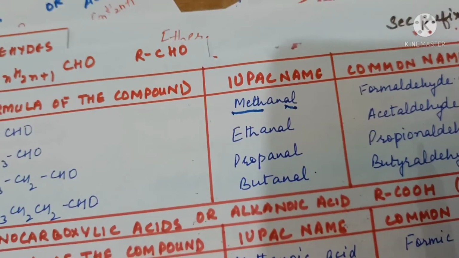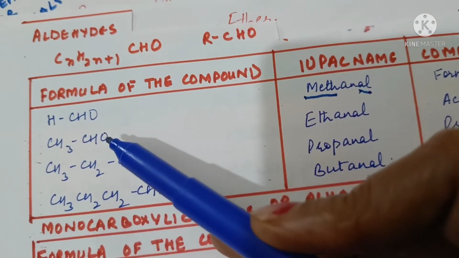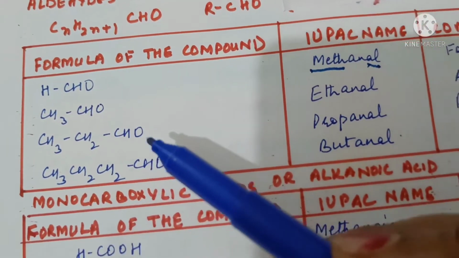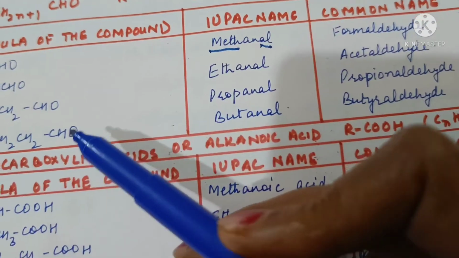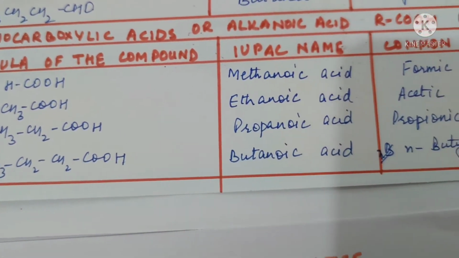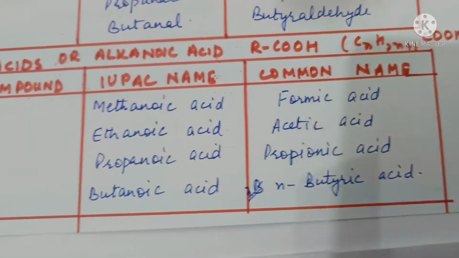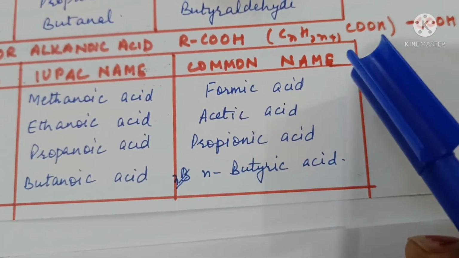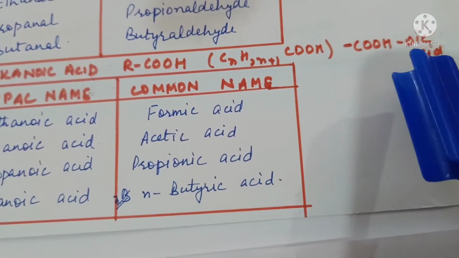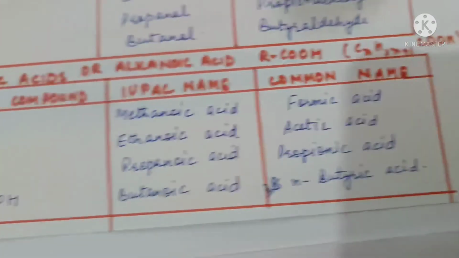Common system, for 1 carbon atom compound, it is called formaldehyde. This one is called acetaldehyde, propionaldehyde, and butyraldehyde. Monocarboxylic acids or alkanoic acids, the general formula is RCOOH or CnH2n+1COOH, and the secondary suffix used for COOH group is oic acid.